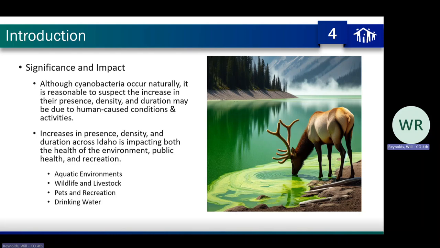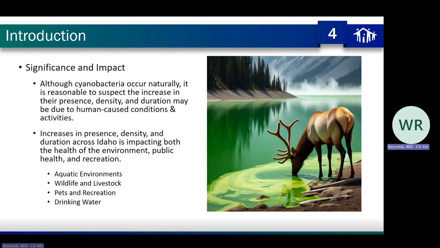And then finally, drinking water can be impacted as well. So I believe in the neighborhood of 5% of drinking water sources in Idaho are drawn from surface water. Surface waters are those that tend to be more disposed to high levels of cyanobacteria in the summer.